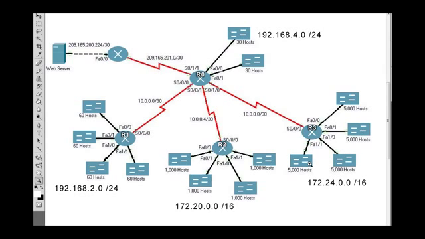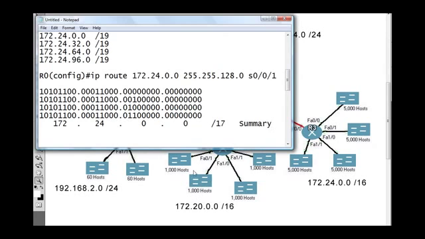And it just so happens they are, because we subnetted the 172.24.0.0/16 address space to get 4 subnets of 5,000 hosts each. To do that, we subnetted into 172.24.0.0, 32.0, 64.0 and 96.0, all /19, which gave us 8,192 hosts per network.